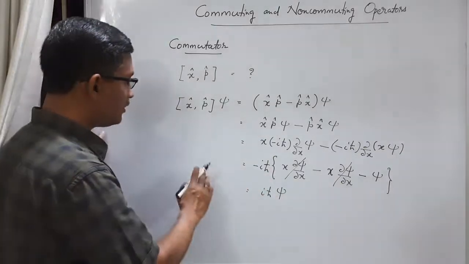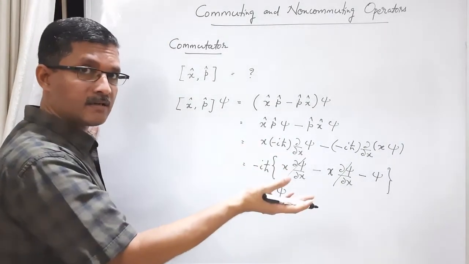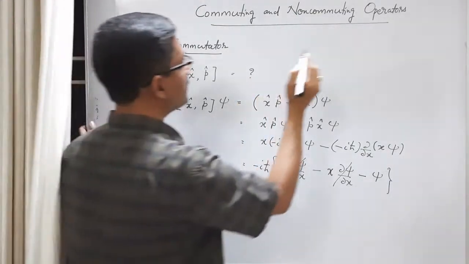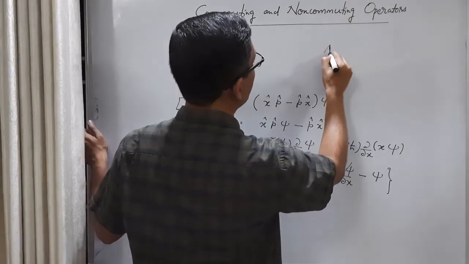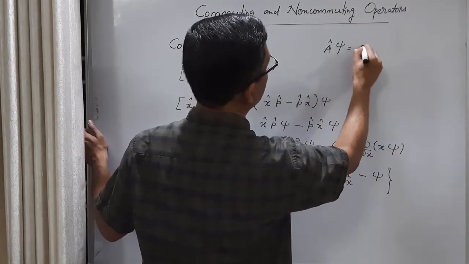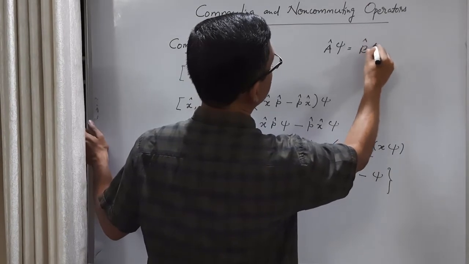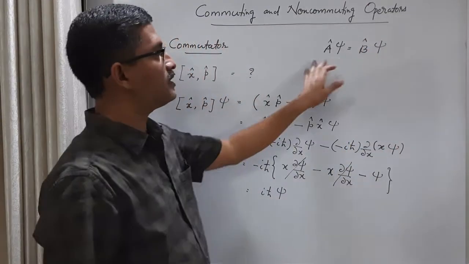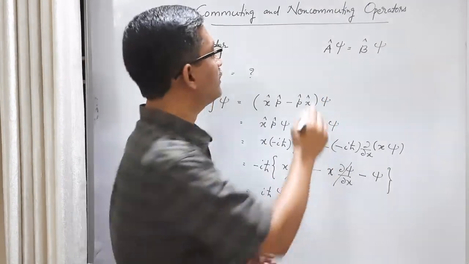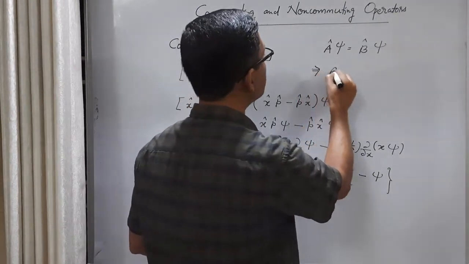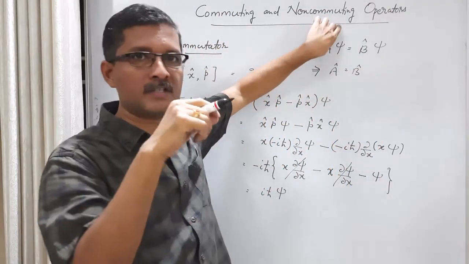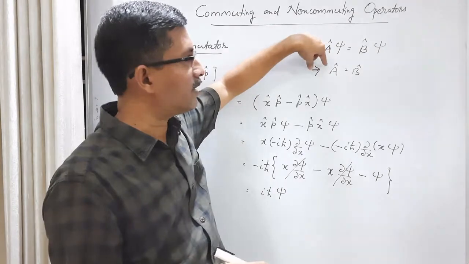So that means psi can be any general state. In general for operators, if an operator A acting on a general, arbitrary state psi is equal to an operator B acting on psi, then we can say A is equal to B. Whereas if this is true only for some special state psi, then we cannot write this.